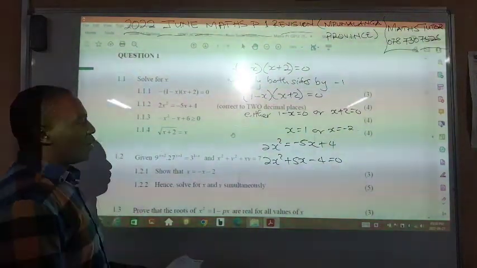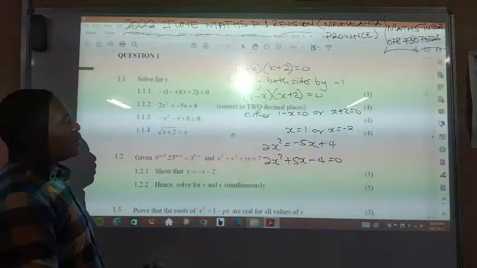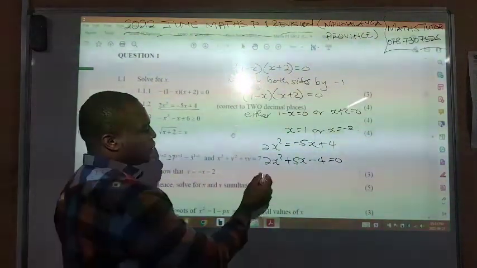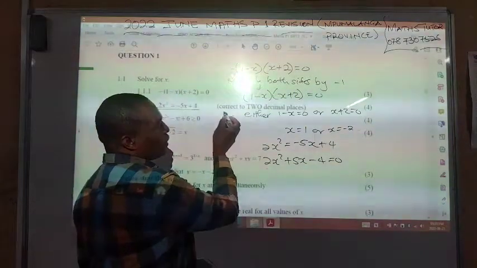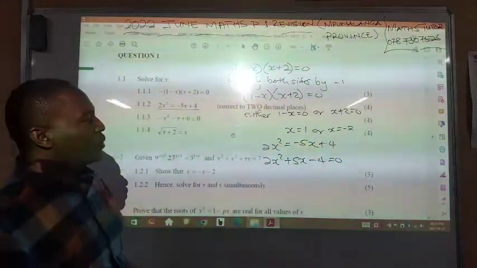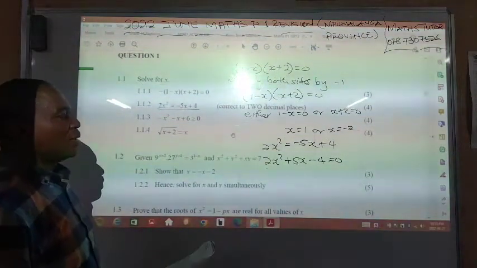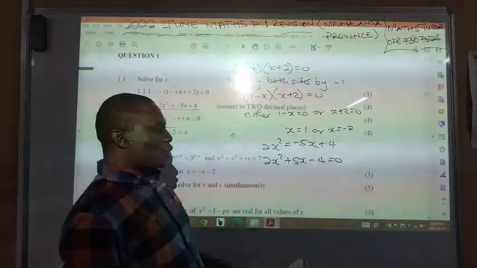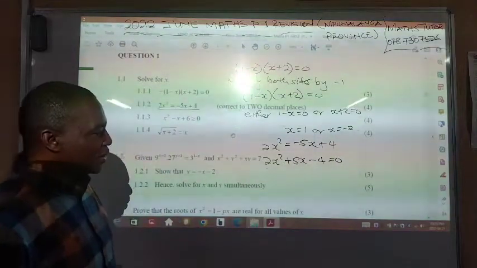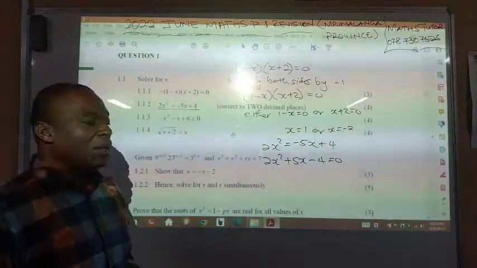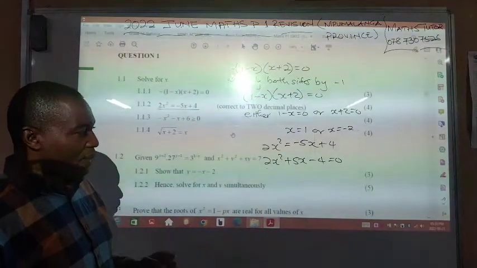Alright, then you must know that it's pointless to try to factorize this when they've said correct to 2 decimal places. The examiner wants to see if you are able to use the other 2 methods of solving quadratic equations, despite factorization, that is the quadratic formula, or completing the square.